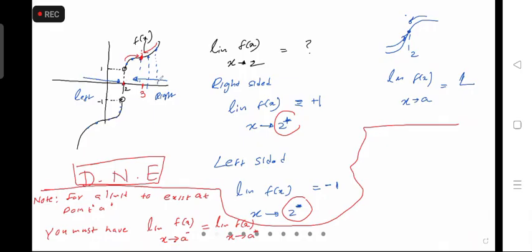So you have to understand it. If someone asks you to find the limit at a point and you need to give an answer, these things must happen. Otherwise, you cannot express the limit for that point.